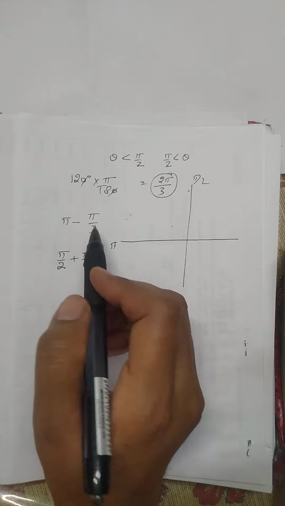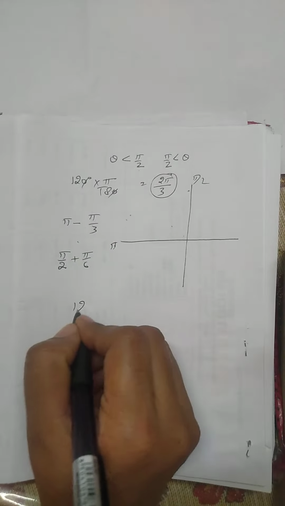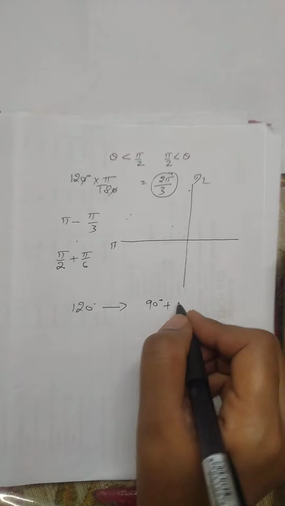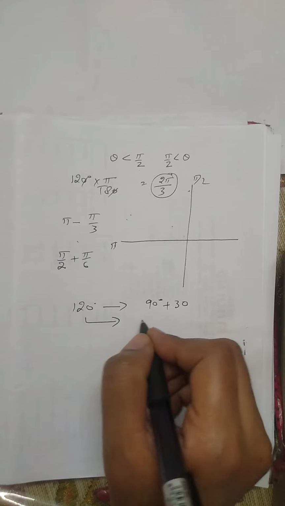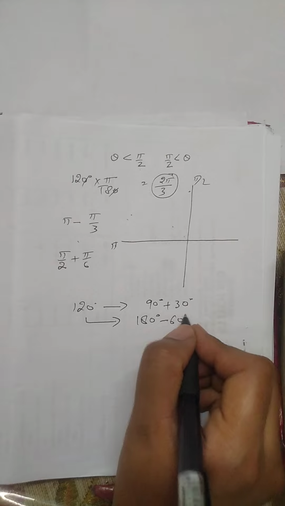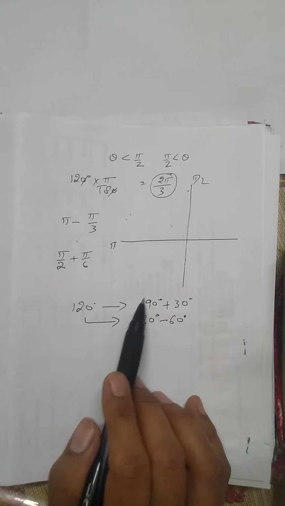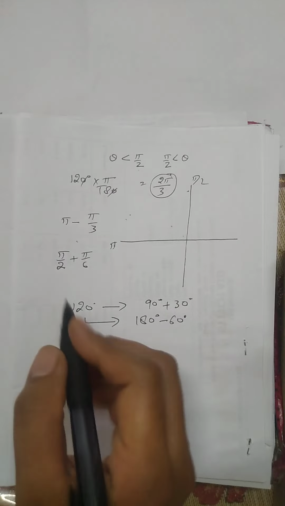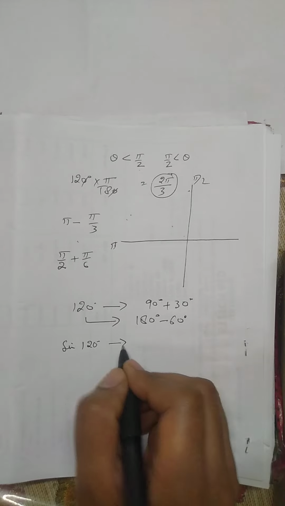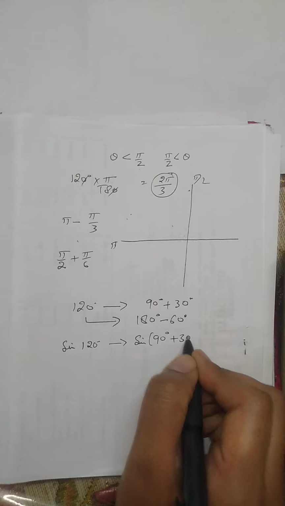I know this is difficult for you. So initially we can take 120. 120 can be written as either 90 degree plus 30 degree, or as 180 degree minus 60 degree. I think this will be convenient for you to understand. So if it is 90 degree here, we will find sine 120 degree as sine of 90 degree plus 30 degree.